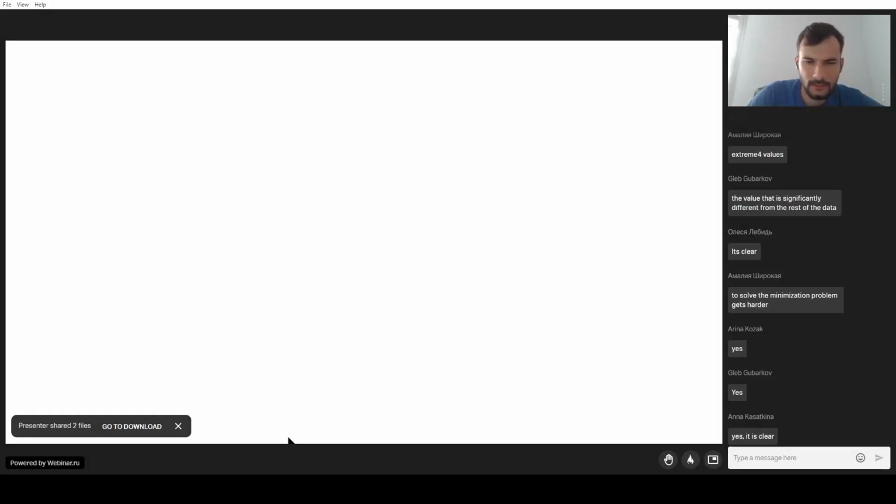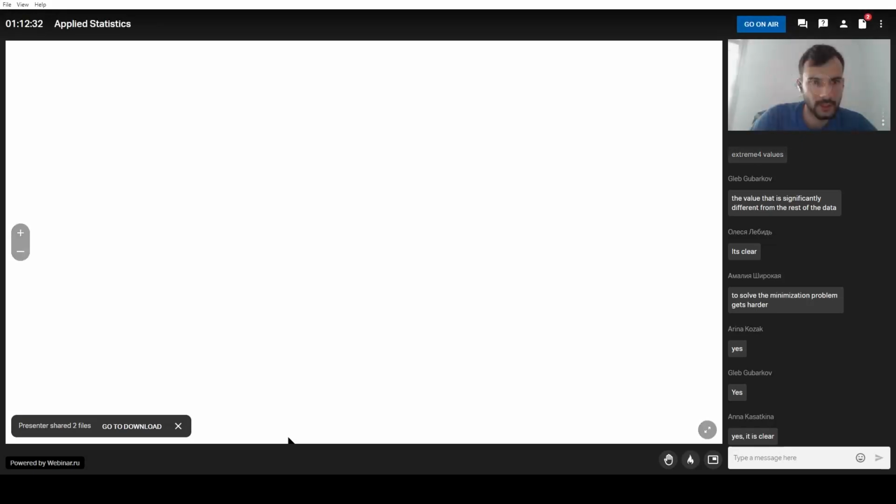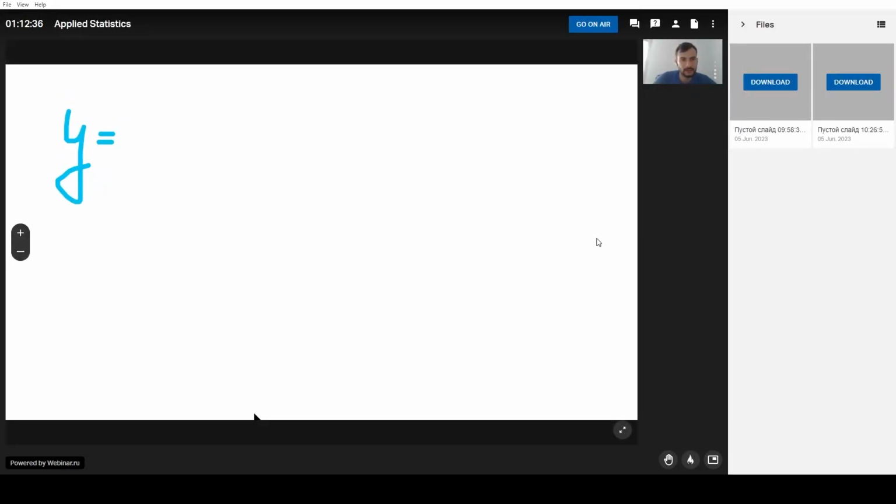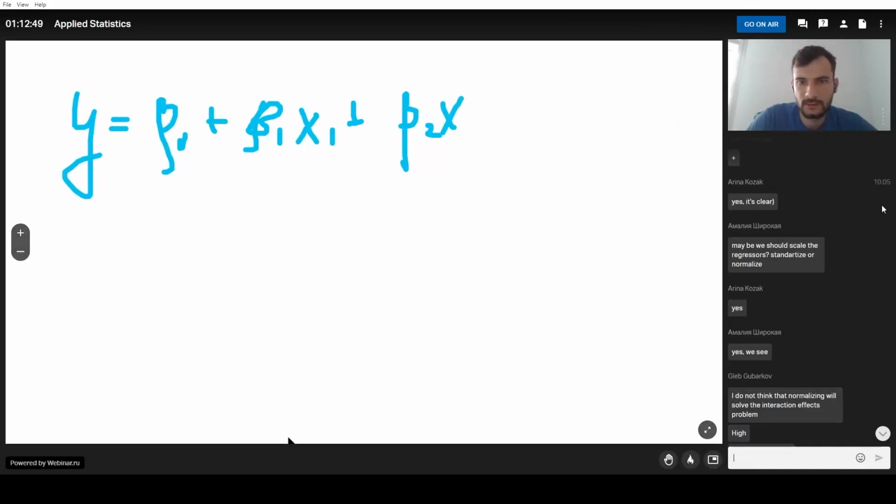Okay, now it works. Then we have y equals, I dropped the indexes, beta 0 plus beta 1 x1 plus beta 2 x2 plus, I think 3 of them will be enough.